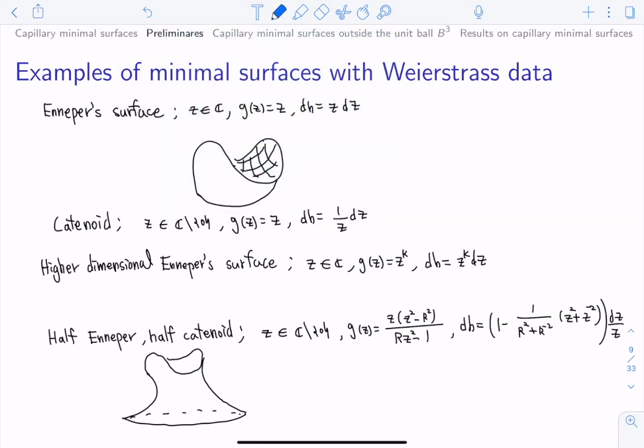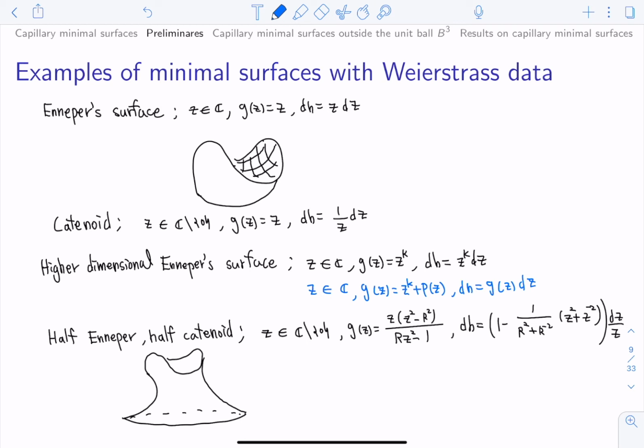And we can deform this end of the surface to get some other surfaces, uncountably many surfaces like this. So here is an example. We could set g(z) to be a still holomorphic function, and then dh to be g(z) dz.